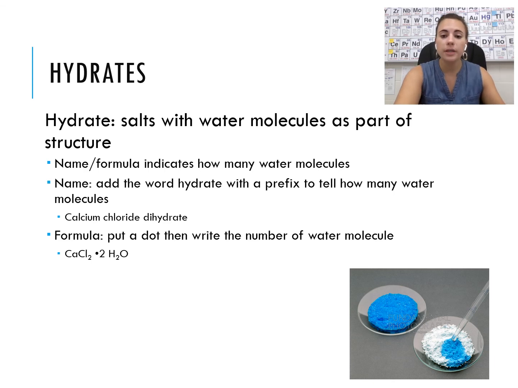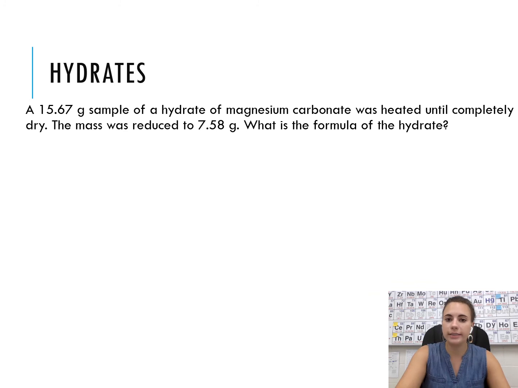If you had chemistry before, you may have done a lab where you took a hydrate, maybe it was copper chloride, that would look like this, and it's blue, and you heated it, and it turned white because you drove all the water out, and then you weighed it, and you determined the ratio of copper chloride to water. So we're going to look at an example of that.